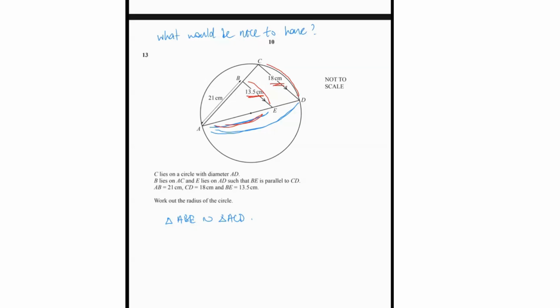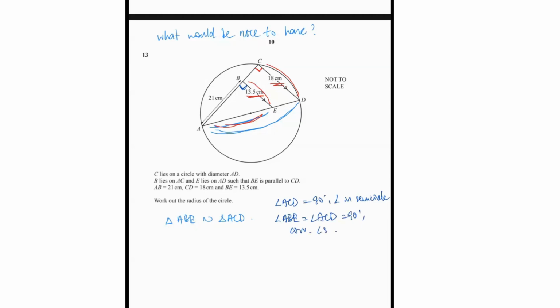I know that angle ACD is 90 degrees. Why? Because this is an angle in a semicircle. And angle ABE is also 90 degrees, because of corresponding angles. Angle ABE is the same as angle ACD, equals 90 degrees, because the two lines are parallel.